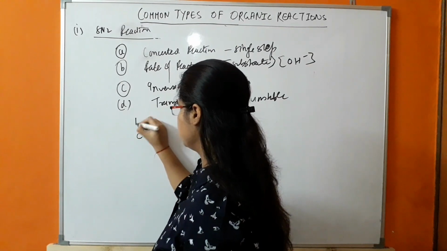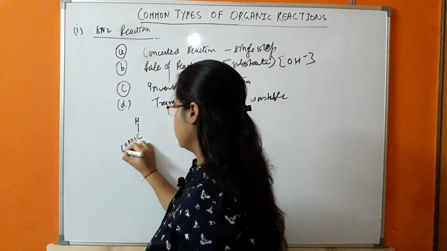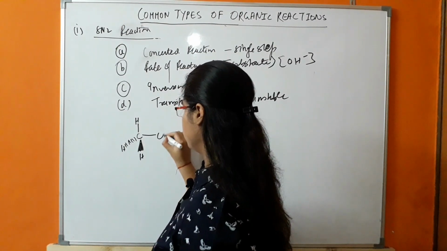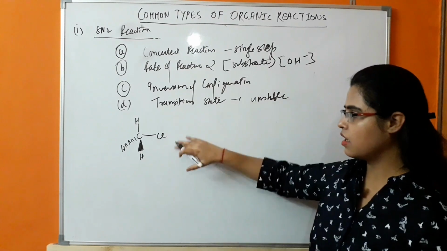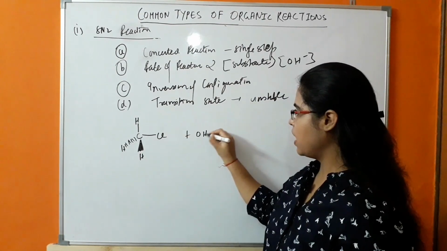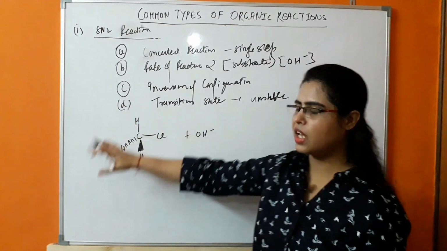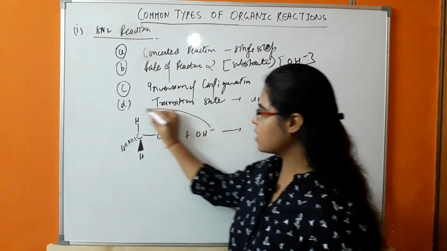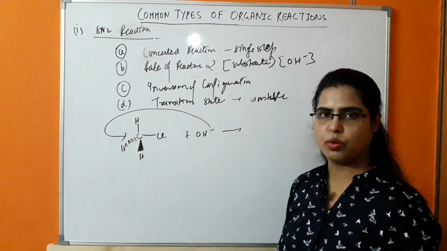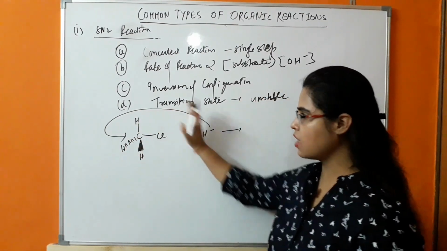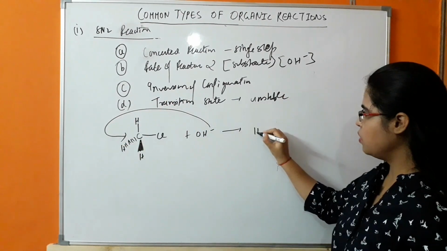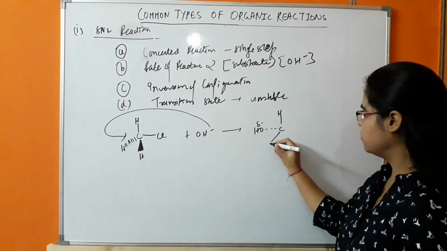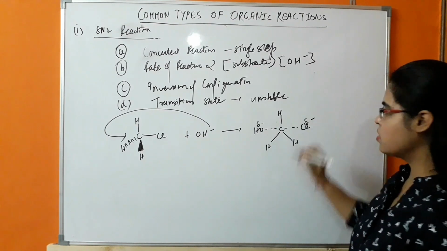Example: these reactions generally occur in alkyl halides. The nucleophile is OH minus. This is a three-dimensional structure. So this nucleophile will attack from the back side of the molecule, not from the front side, which leads to the formation of the transition state.